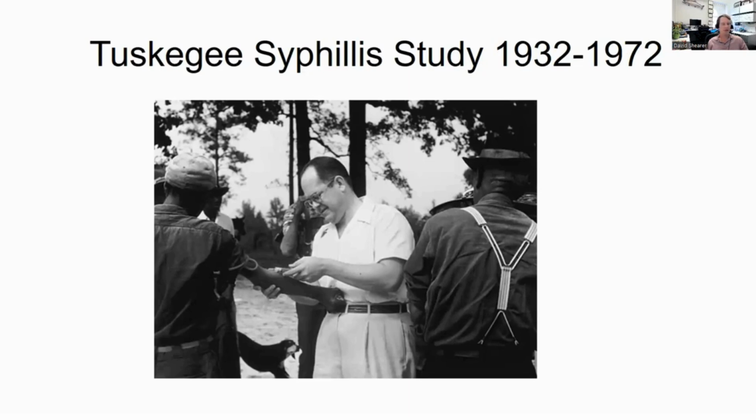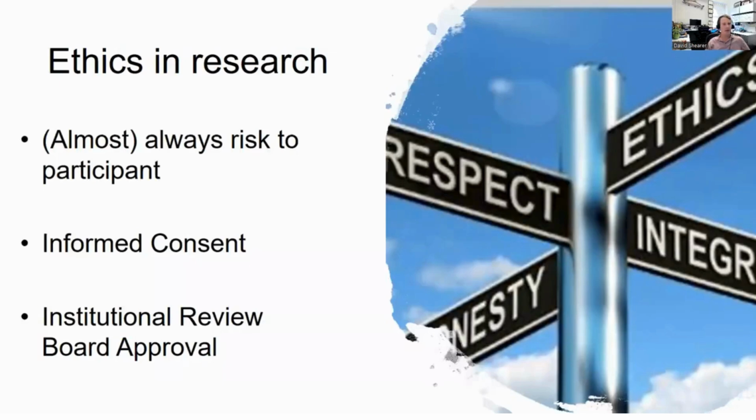That's the reason why we have to go through an institutional review board for the vast majority of studies that we do. So I encourage you to read about it if you haven't before. It's appalling and sad, but also important history to understand, so that we don't repeat these mistakes.